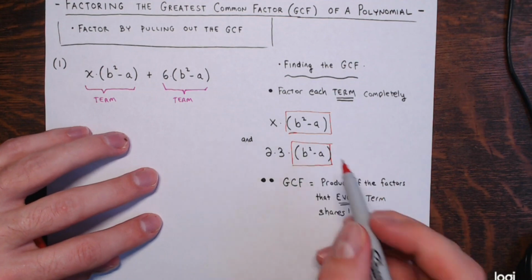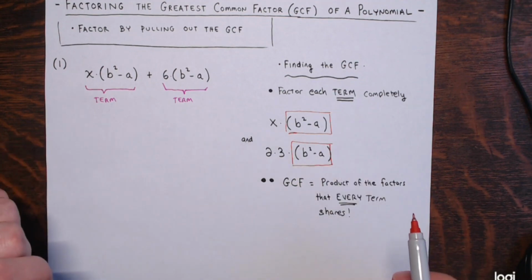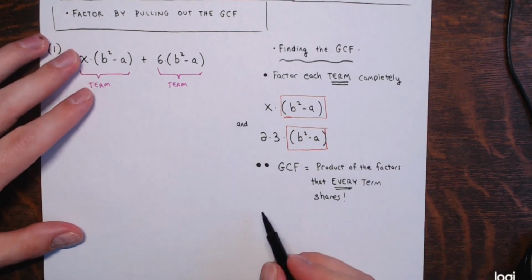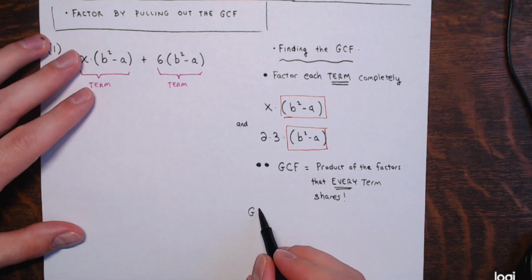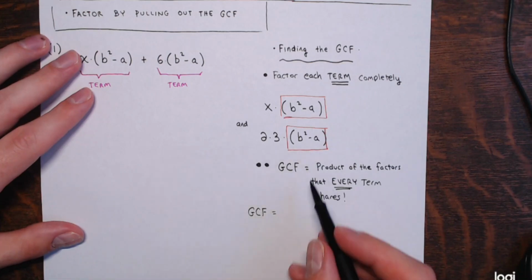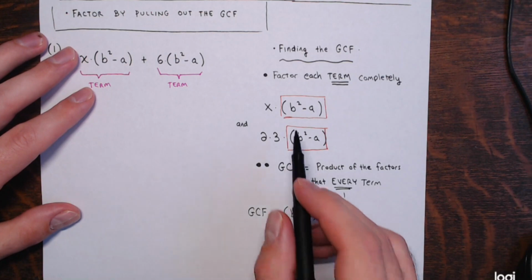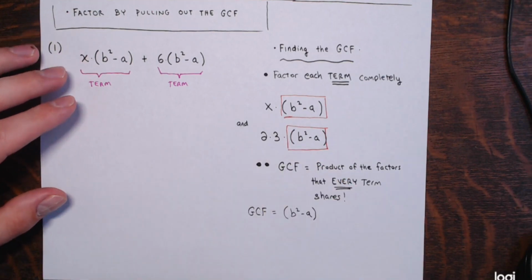That's the only factor that is shared by these two terms. So in this particular example, the greatest common factor, the GCF, is just this quantity b squared minus a times nothing else. They share nothing else.